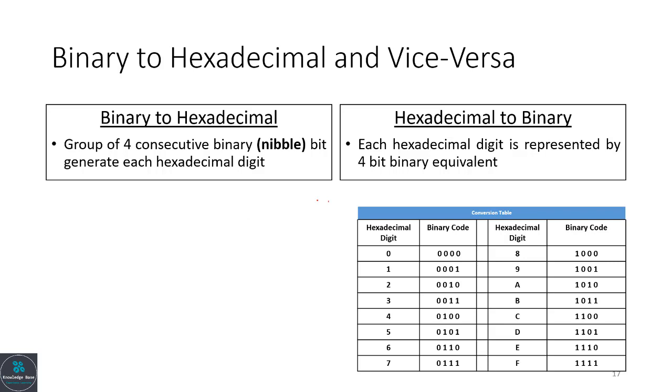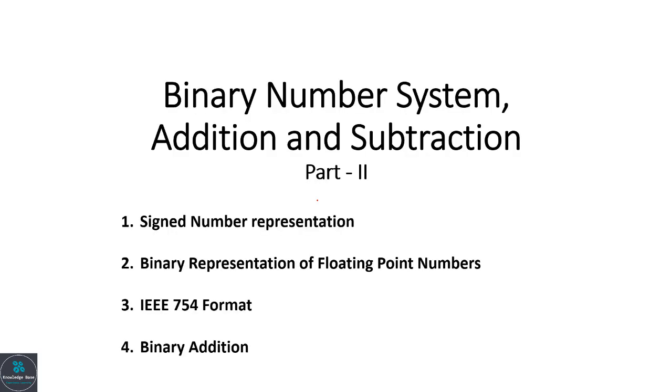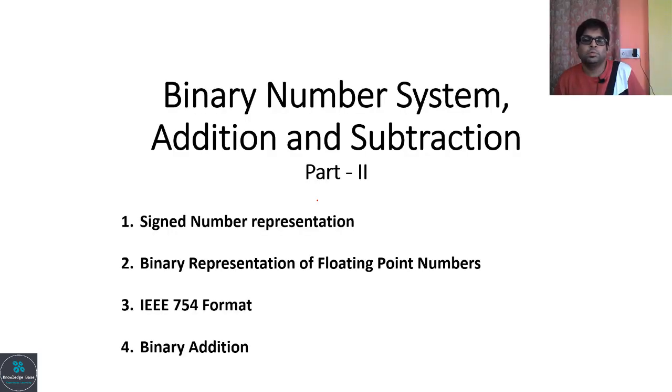So that's it for today's discussion. In the next video, we are going to cover signed number representation, that is, how a negative number is represented in the binary number system, then how to represent a floating point number and how it is actually stored in a computer using the IEEE 754 format, and then we are going to discuss binary addition.